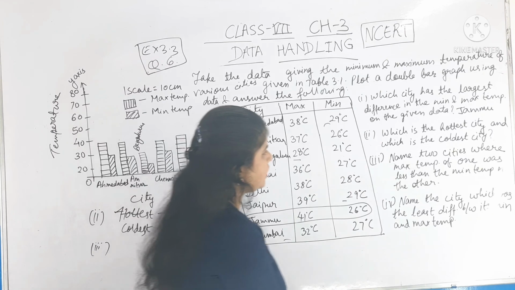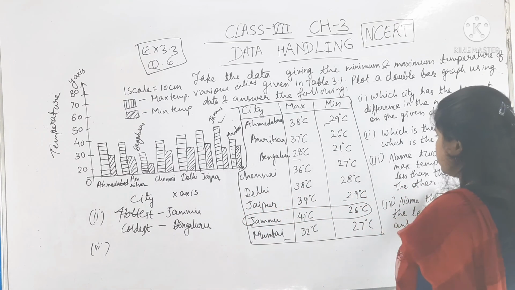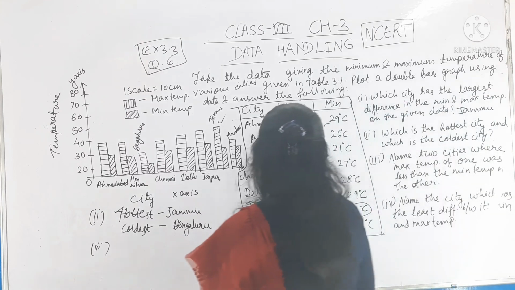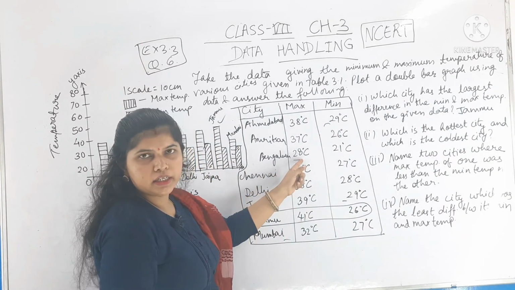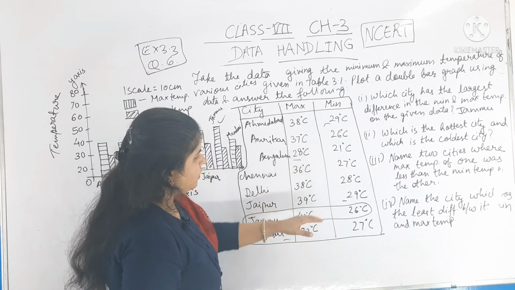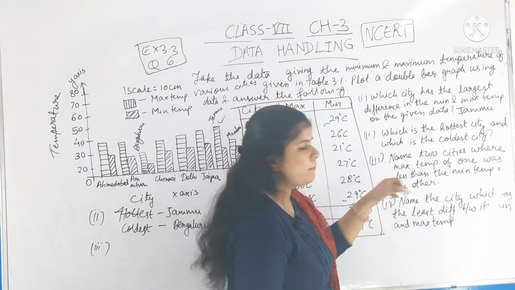The third question: name two cities where the maximum temperature of one was less than the minimum temperature of the other.